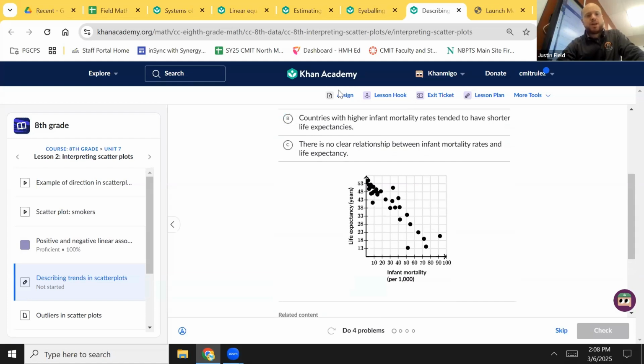All right, so how do we do this? Let's begin the same way I told you to in the last video. We're looking at the axes here. Life expectancy is the y-axis and infant mortality is on the x-axis.